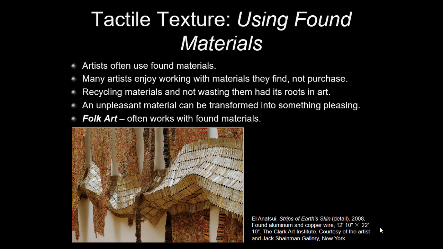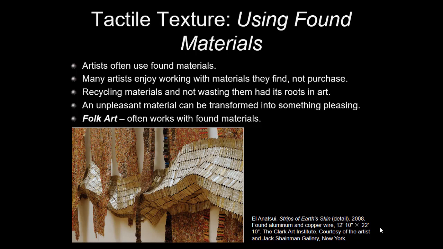In this work here, Anatsui, strips of Earth's skin. This is just a detail of it because it's actually very large. It's a whole room installation. This was made in 2008. And so found objects are basically things that are lying around that weren't exactly created to make artwork with.